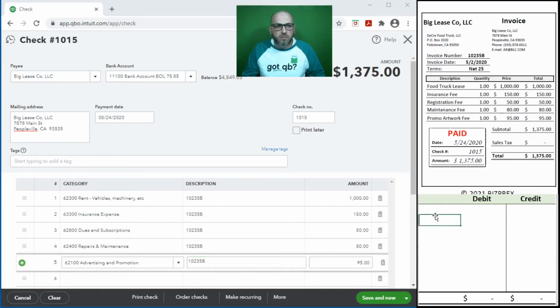Okay, so debits and credits, what's happening? Well, we just talked about it, right? Our bank balance will be reduced, and to reduce it, we have to credit it, right? Here it is. What else is happening? Our expenses are going up, and all of these expense accounts will be debited by their corresponding amounts.